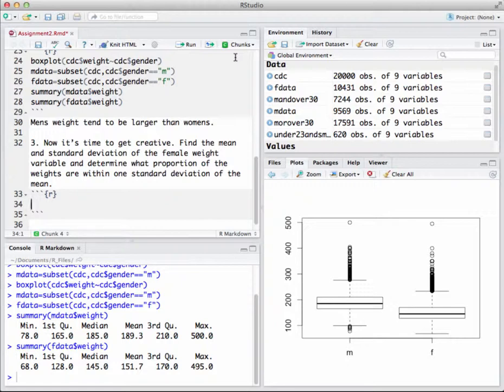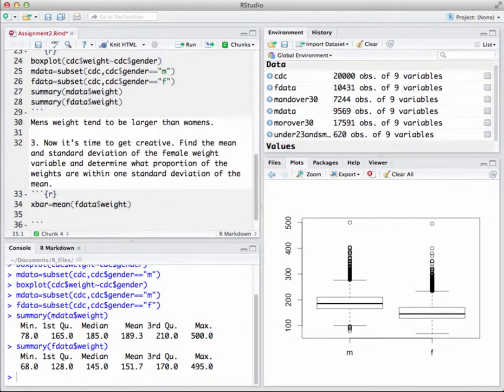So we're going to make a few values first. We're going to store into xbar the mean of the female data weight. Remember, you can pull out any one of the individual summary numbers using its corresponding command.